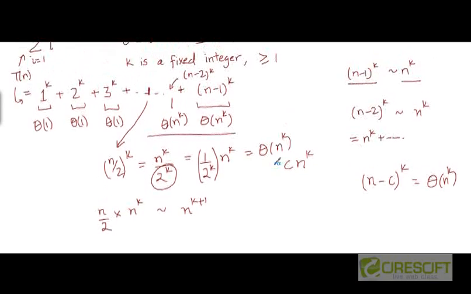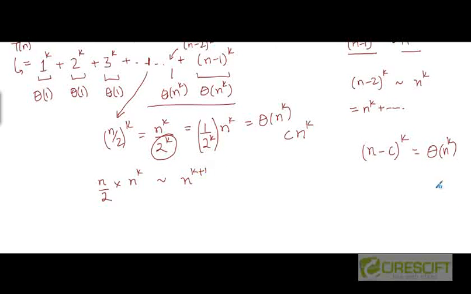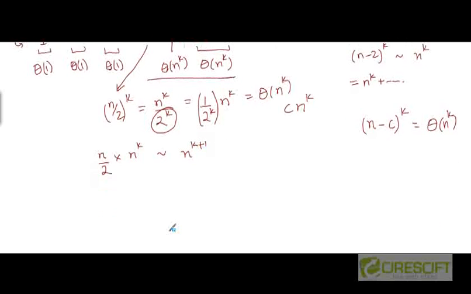So this gives us some kind of a guess as to what we expect T of n to grow at the rate of. We expect T of n to grow at the rate of about n to the power k plus 1. But let's try to prove this more formally. So we want to prove that T of n is in theta of n to the power k plus 1.